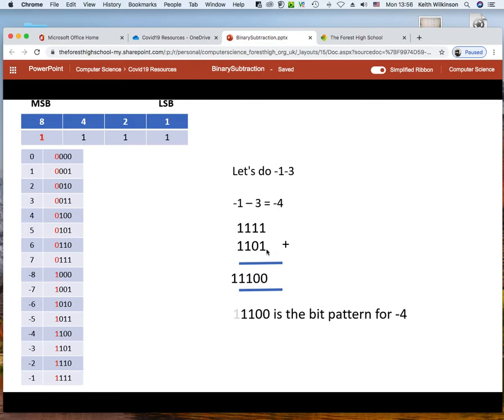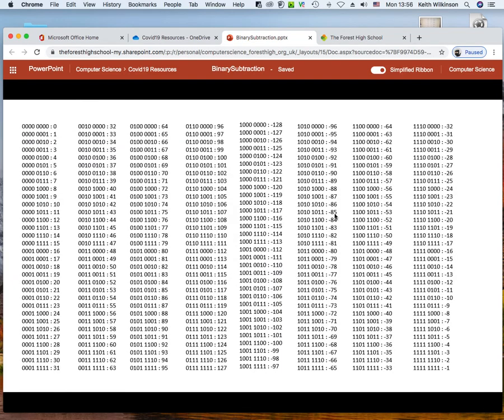The strange thing that we've got is this second number, this minus number. It might be nice to come up with a better way of doing it. So for example, if I've got 2 to the power 8, that gives me 256 different variations. If I am doing signed numbers, half of those are going to be positive numbers.